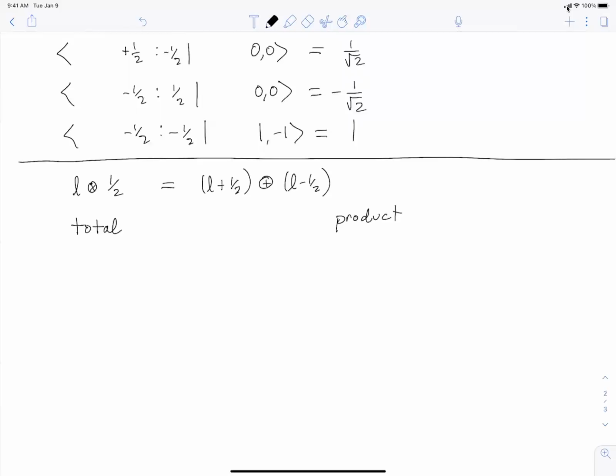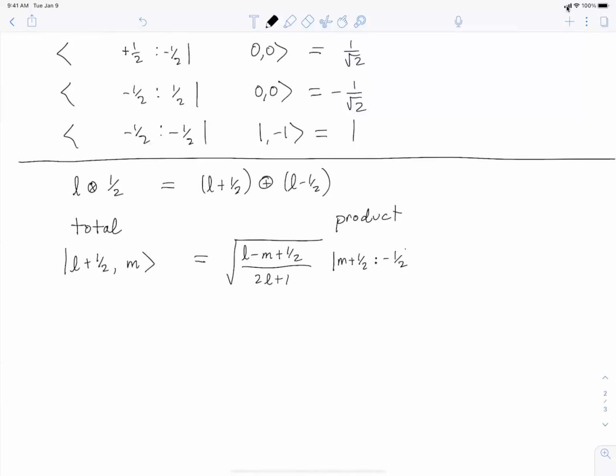And we found that |L+1/2, m> is equal to the square root of (L minus m plus 1/2) over (2L plus 1) times, in the product basis, |m+1/2, -1/2>.